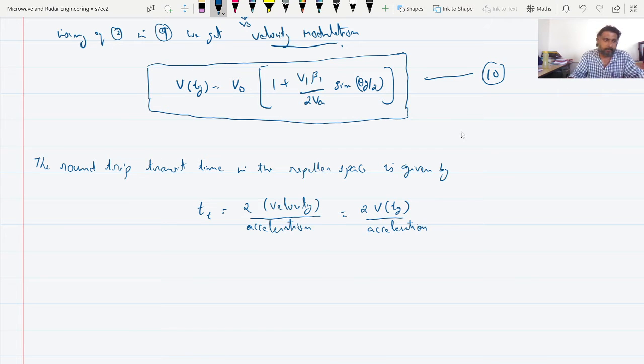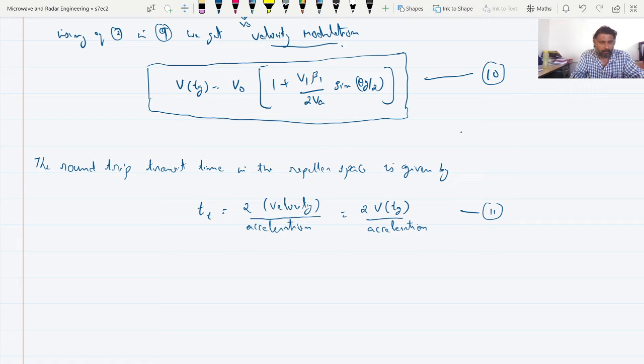Let us call this as equation 11. The factor 2 that I have indicated here is mainly due to the forward as well as the backward journey of the electron.